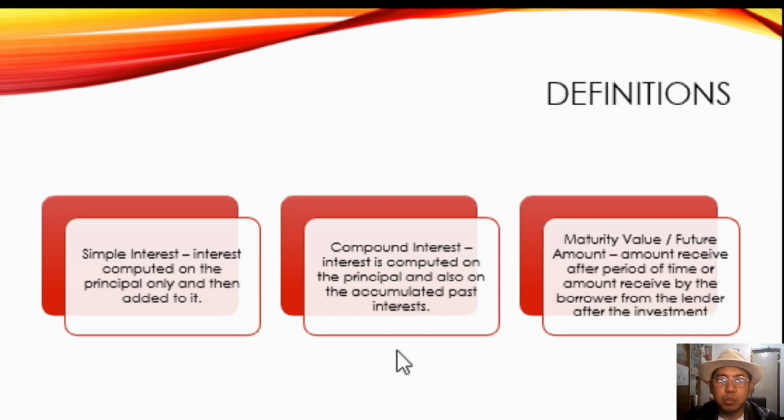That is the same as 1,210, and that is the future amount. Okay, what about the future amount when we are going to use the simple interest using the same problem? Again, the final amount would be 1,200. So that is the meaning of the maturity value or future amount.